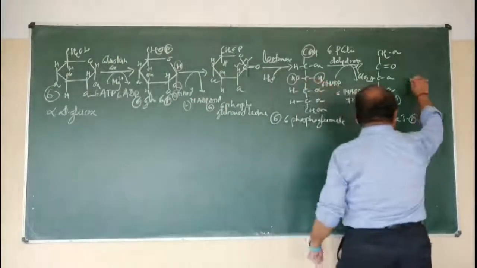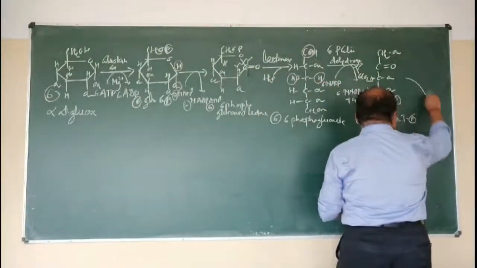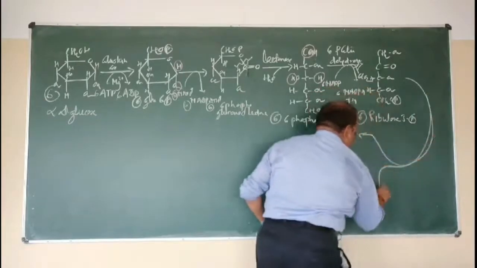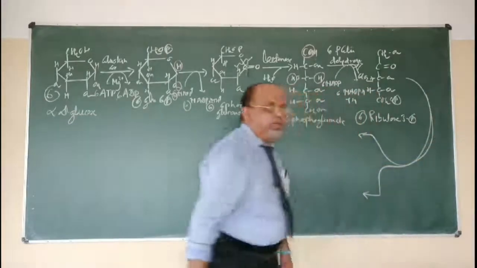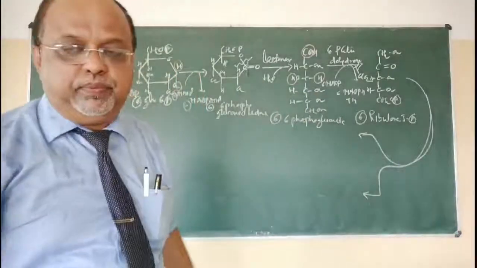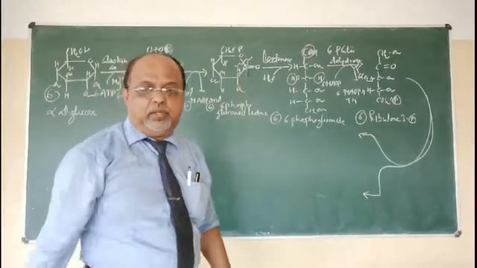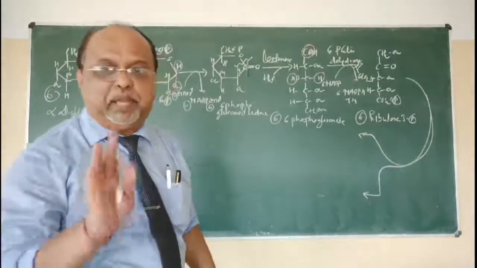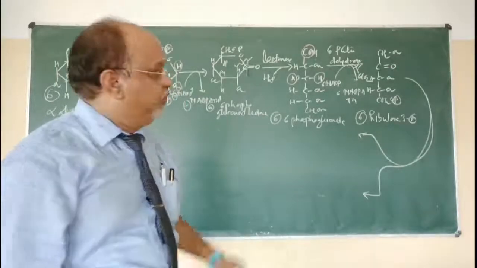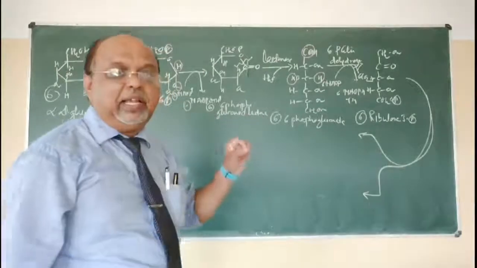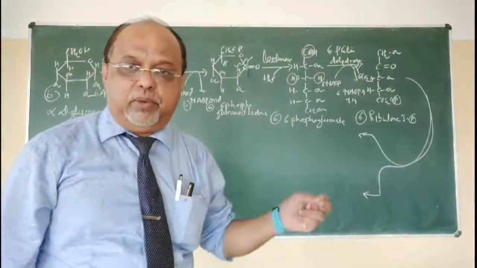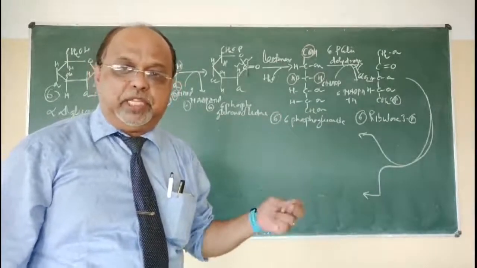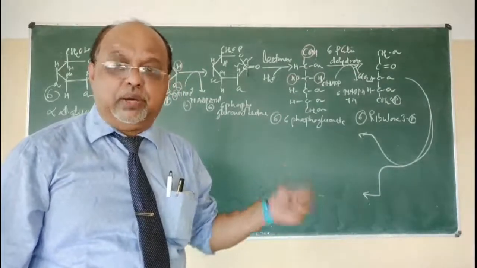In the next reaction, it is catalyzed by two enzymes. One is known as ribulose 5-phosphate epimerase. Ribulose 5-phosphate undergoes the epimerization reaction, and its epimer is known as xylulose 5-phosphate.